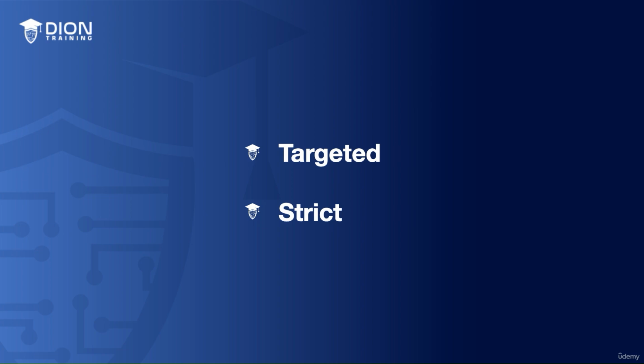Now, the targeted policy is the default SELinux policy that's used in Red Hat Linux and CentOS. When we're using targeted policies, processes that are targeted are going to run in a confined domain, and the processes that are not targeted will run in an unconfined domain. A strict policy is really the opposite of a targeted policy, and this means that every subject and object in that system is enforced to operate on the MAC method.